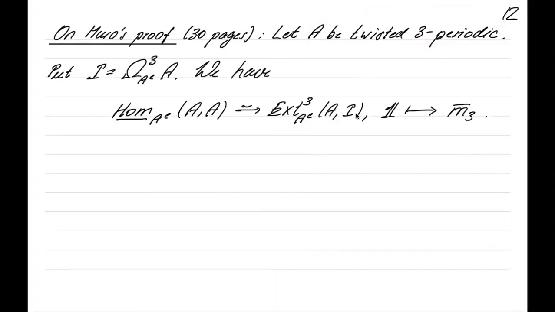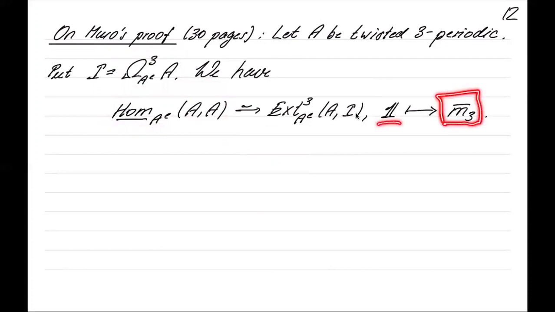Let me just outline the main steps. Let's start from a twisted three-periodic algebra A. Then we look at the third syzygy of the bimodule A. Let's call it I. This is the bimodule which is inverse to the bimodule given by the third suspension. And if we look at the third extension group between the bimodule A and this third syzygy, it's canonically isomorphic to the stable endomorphism algebra of A as a bimodule, and we can look at the image of the identity.